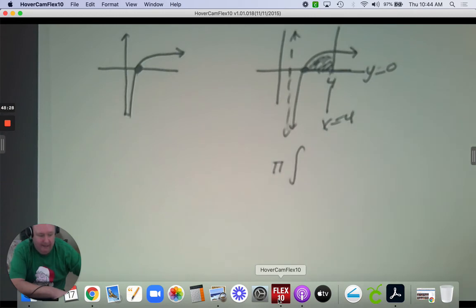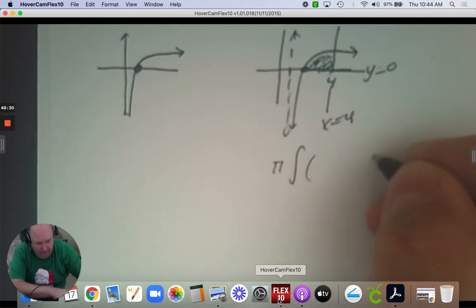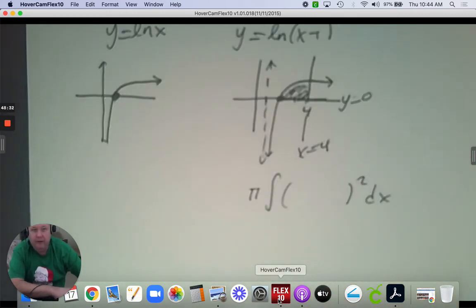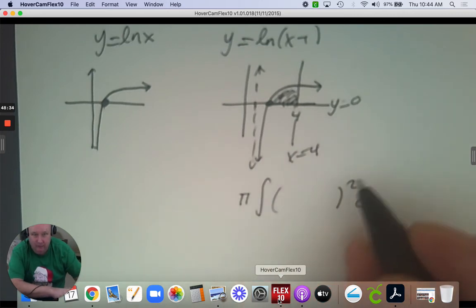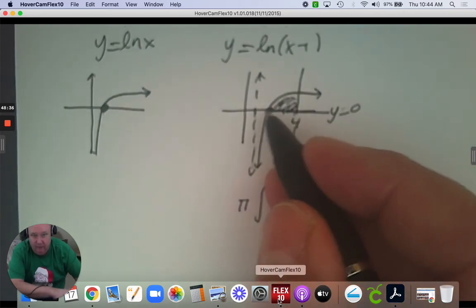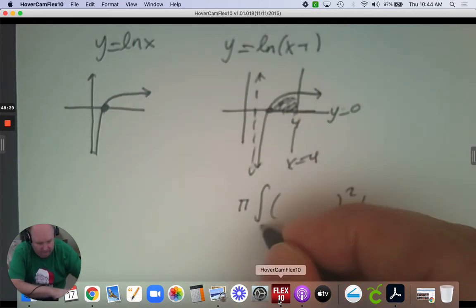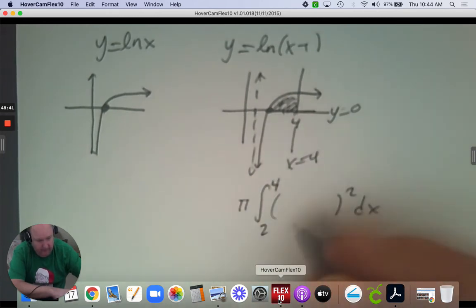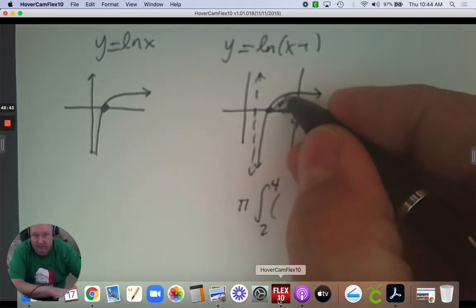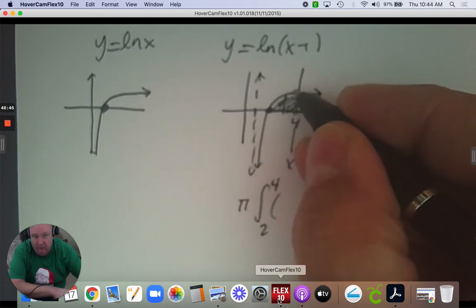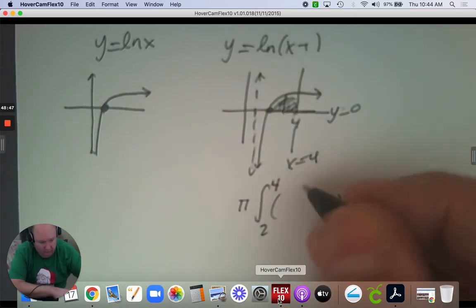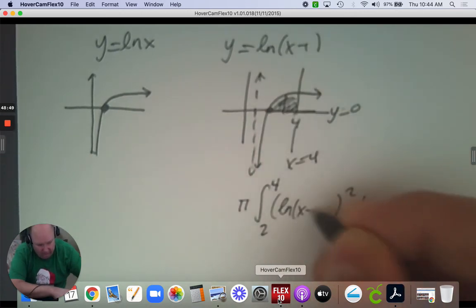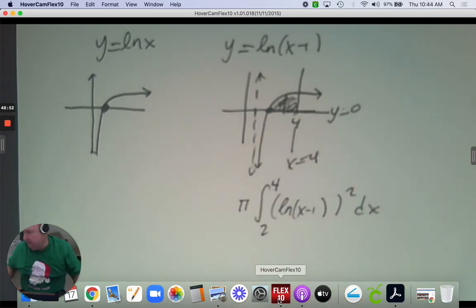So it's pi r squared, the circle. It's integrating from 2 to 4. And then the radius at any time, top subtract bottom, is the curve subtract 0. So just put in the curve ln x subtract 1, and you have the setup.